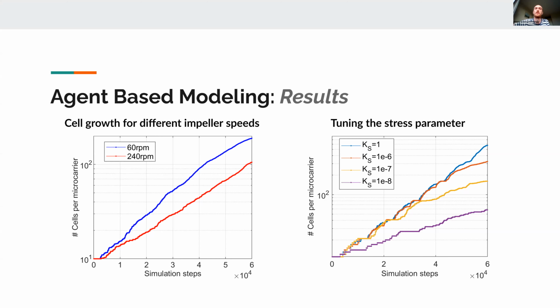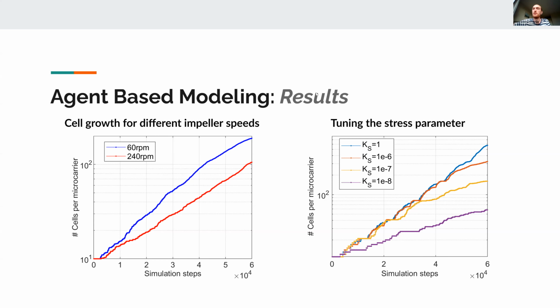So we have a stress parameter, and when they experience these forces, the stress parameter will define the proliferation rate of these cells. And you see, if we tune up the proliferation rate, the only thing that matters is actually the fluid flow, and you see almost a straight line.